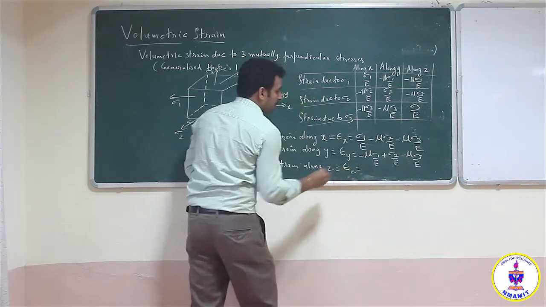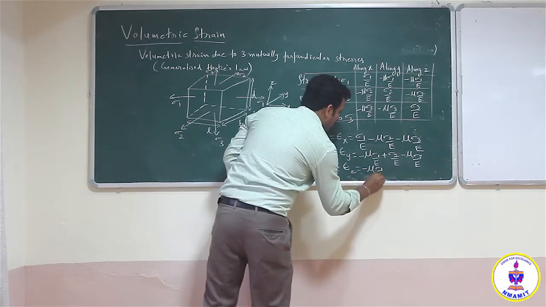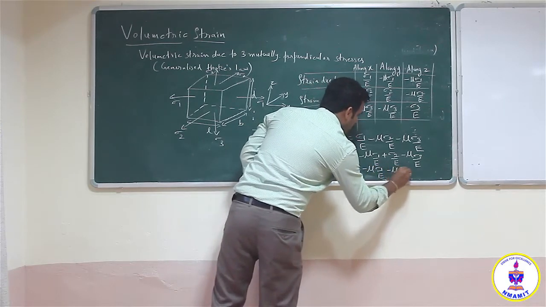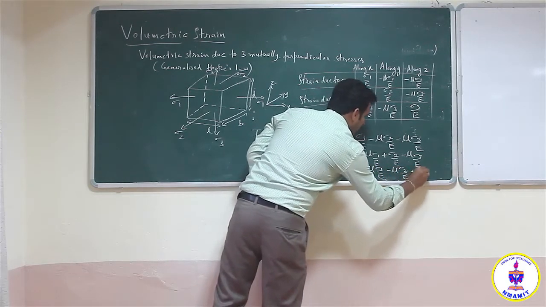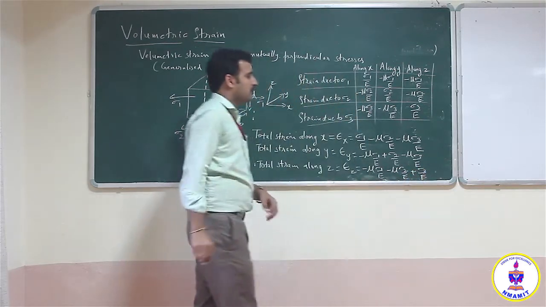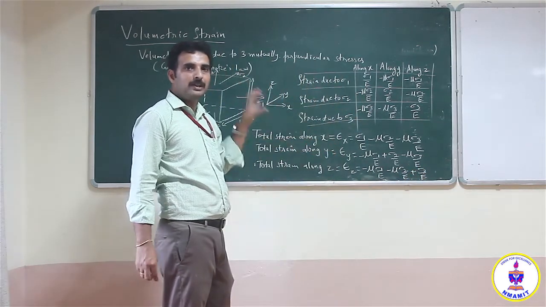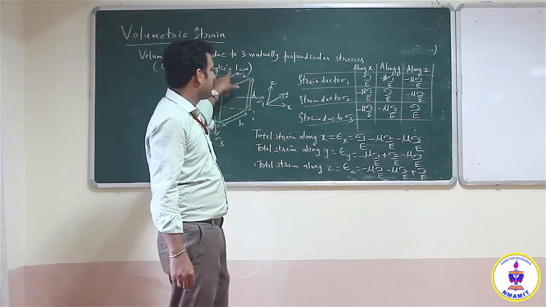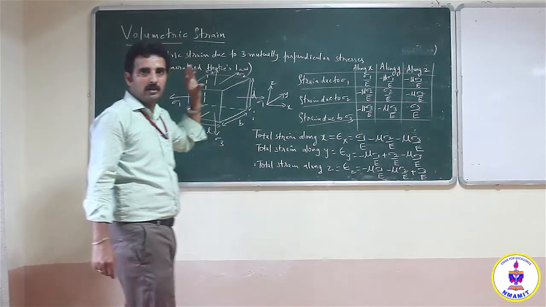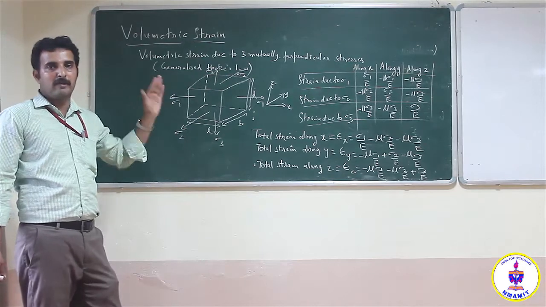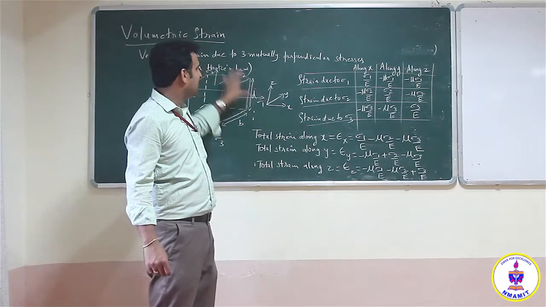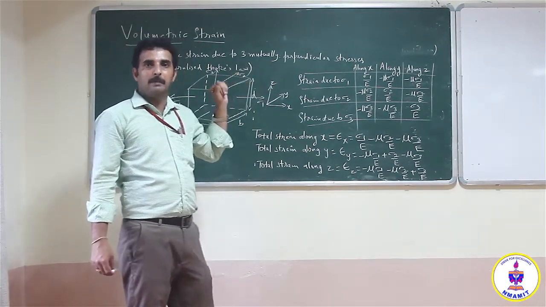Epsilon z equal to minus mu into sigma 1 by E minus mu into sigma 2 by E plus sigma 3 by E. So this equation holds good only when sigma 1, sigma 2 and sigma 3 are tensile or positive. So there will be variation in these expressions when either of these will be compressive.